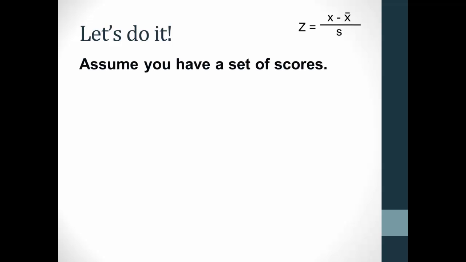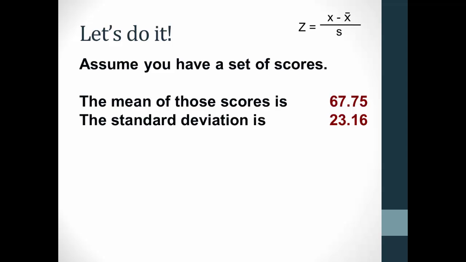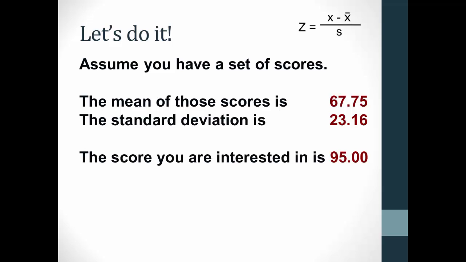Assume you have a set of scores in which the mean is 67.75 and the standard deviation is 23.16. You want to standardize or convert to a z-score 95. 95 then is the raw score, or the score before we standardize it by converting it to a z-score. The first thing you do is plug everything into the equation, starting with the numerator.